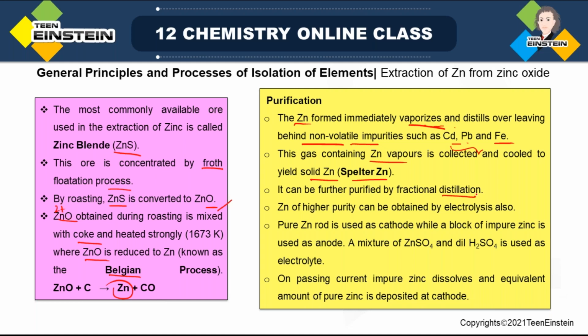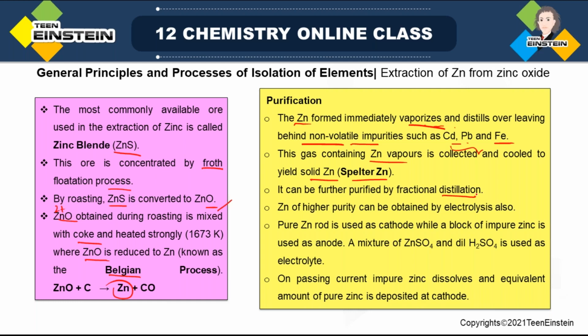That is, after doing the first distillation, we can do further purification, depending on what type of pure form we require. Suppose we require 100% pure Zn, then obviously we have to do a rigorous purification method. But suppose 98% is okay, then we don't have to do purification in a rigorous way.